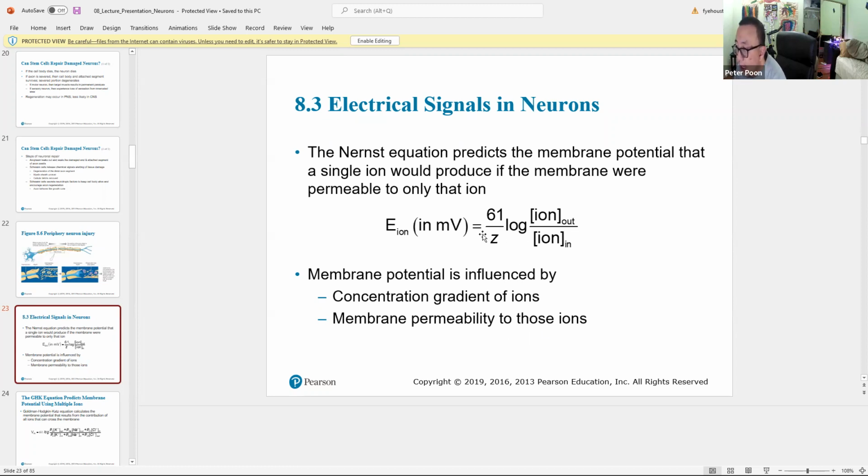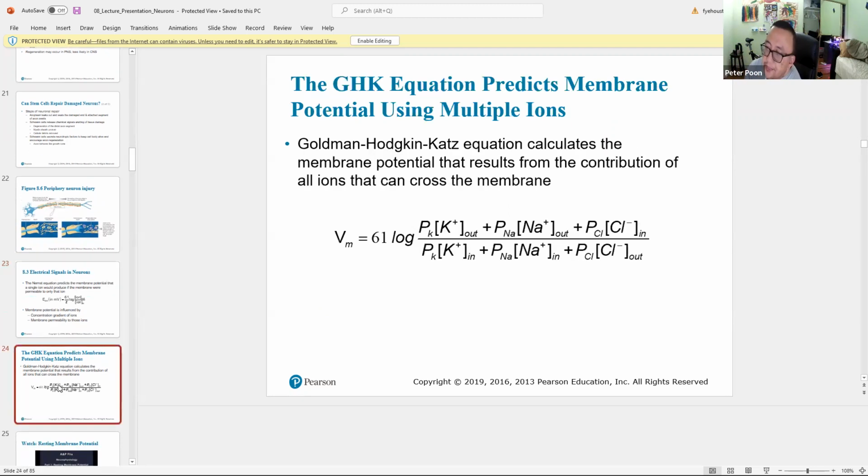The last thing, Z, is charge. Some ions have a +1 charge, some have a -2 charge. You put in those values and it tells you the membrane potential. And this is just a sum of the Nernst equation.